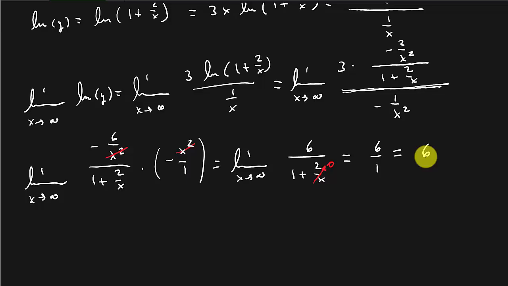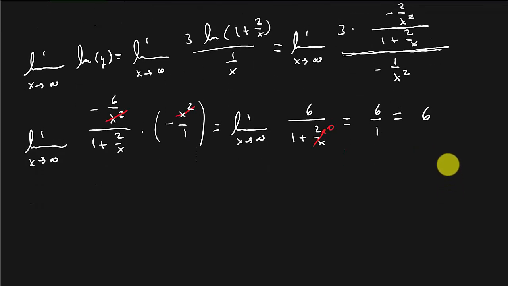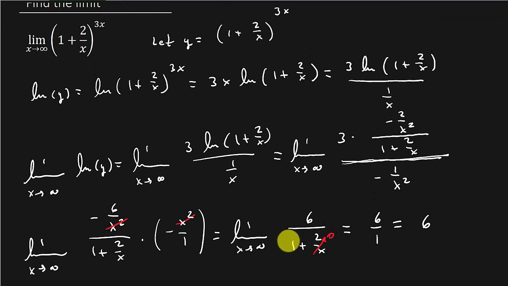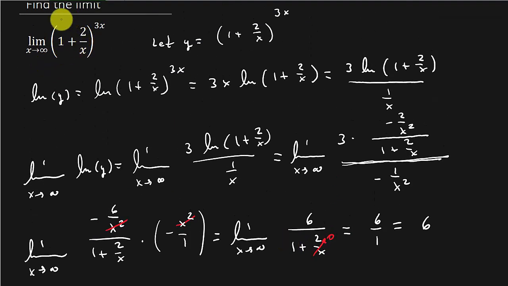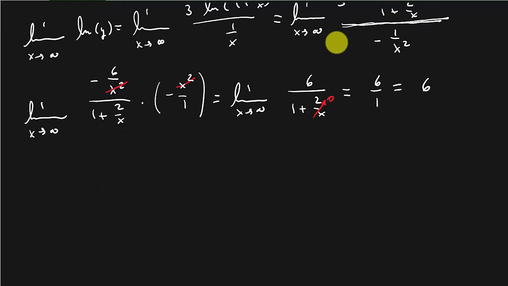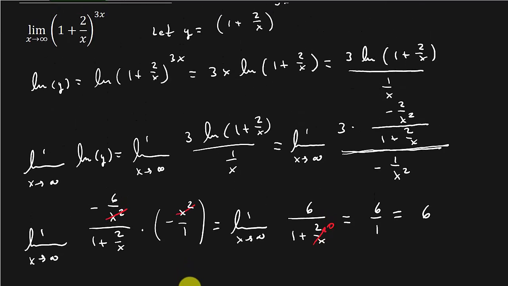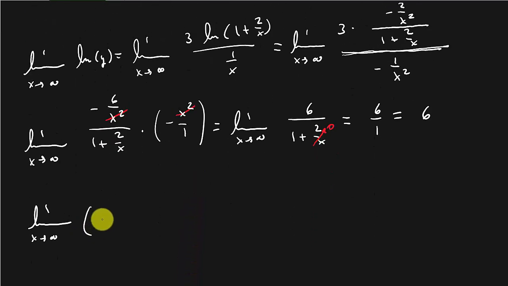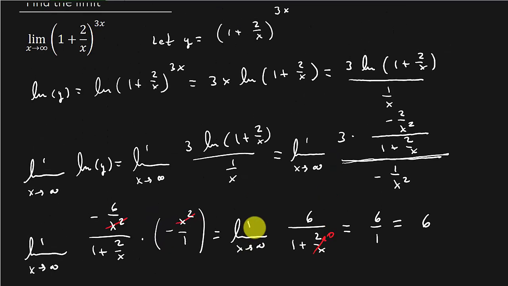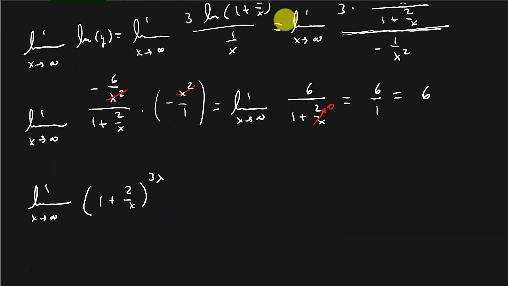Now we haven't worked the problem, because we have to take the limit of this thing. We took the limit of the natural log of that. So what I've got is the limit as x goes to infinity of 1 plus 2 over x to the 3x. All I did is I wrote the problem down again.